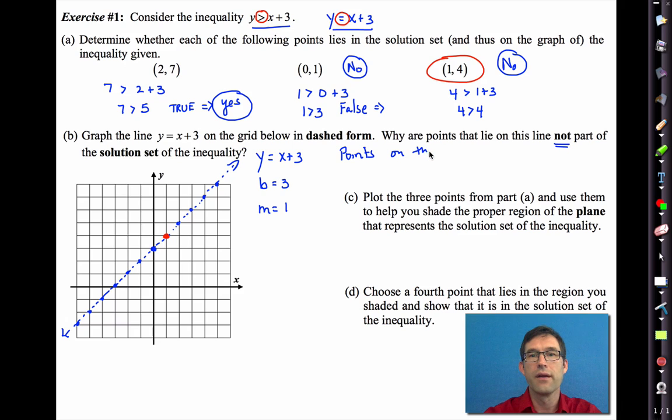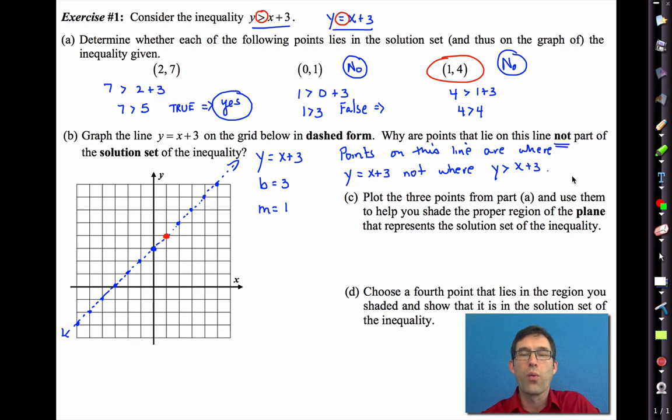Points on this line are where y equals x plus 3, not where y is greater than x plus 3. See, I don't want points where y is equal to x plus 3. I want all the points where the y coordinate is greater than x plus 3.